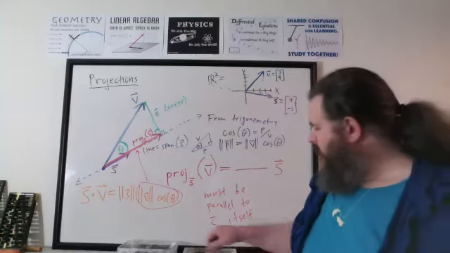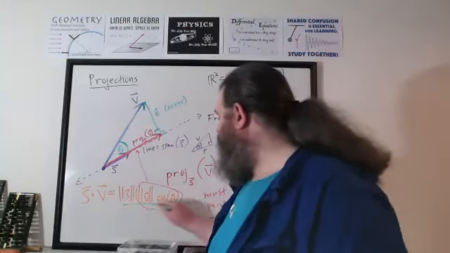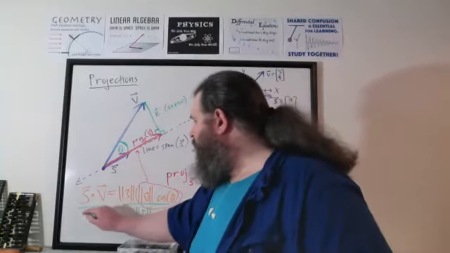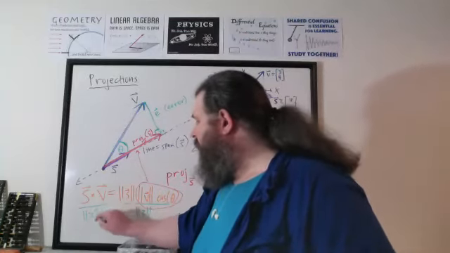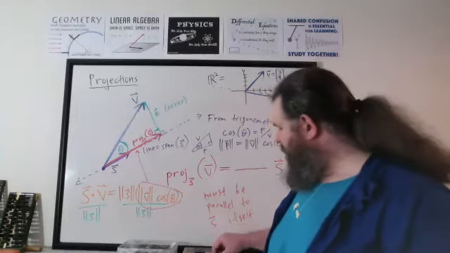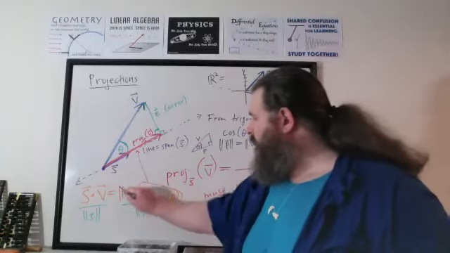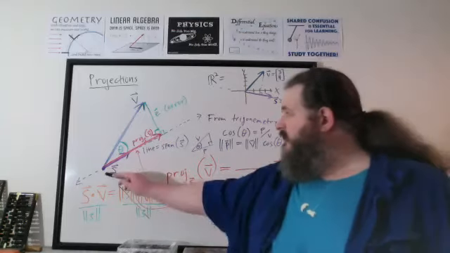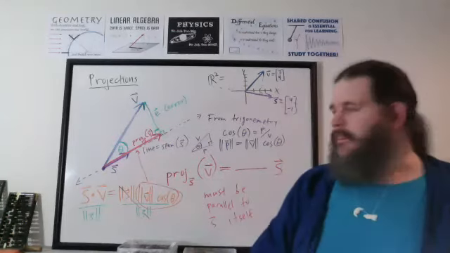Divide. Yes, if we just divide both sides of this by magnitude s, which we can do because magnitude of s is a scalar, not a vector, then what's left after canceling out the magnitude s is v cosine theta. And v cosine theta is exactly the size we need the projection to be.